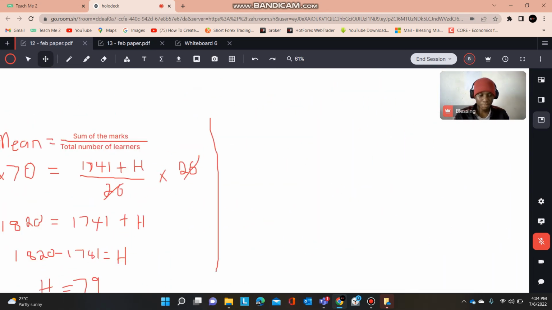Whenever they give you a mean and then they give you data values with one which is missing, and then they say calculate that value, what you can do is simply say, okay, the missing value, which is H in this case, is equal to the mean, which they gave us, 70, multiplied by the number of data values or the number of learners in this case, which is 26.